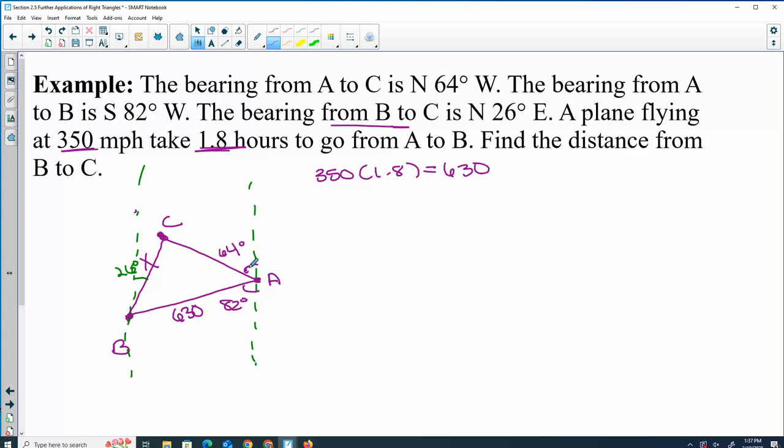So I could get angle A just by subtracting from 180 minus 82 minus 64. That angle is 34 degrees. Okay, do you have any idea how I'm going to get another angle?